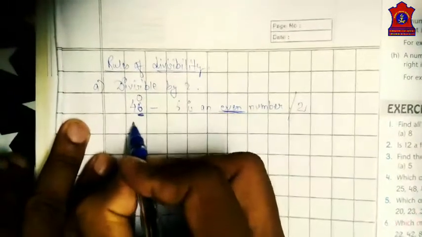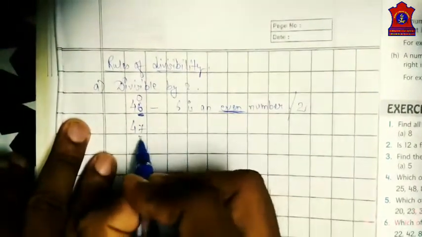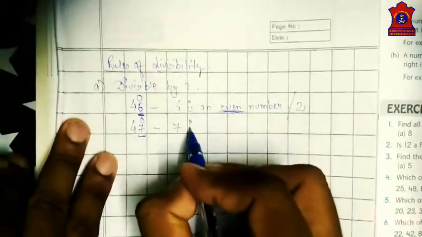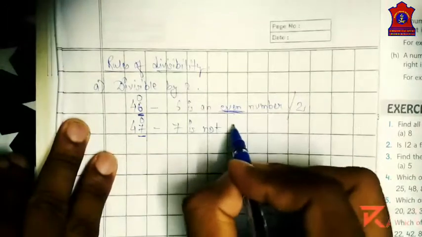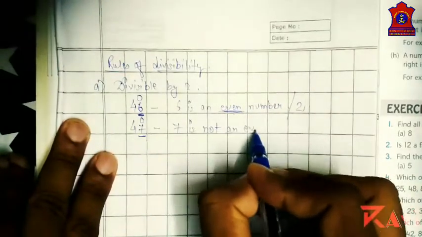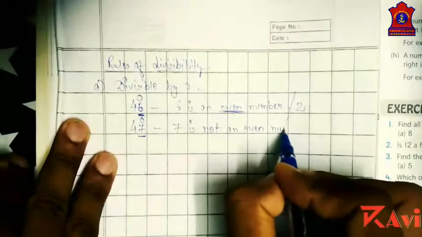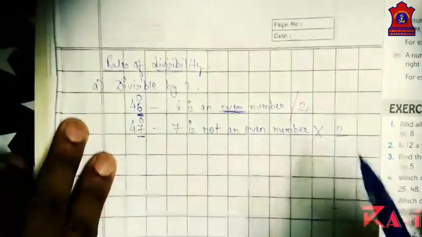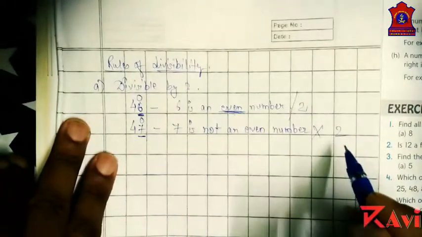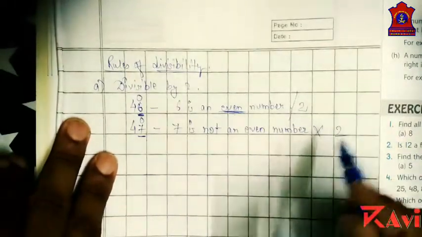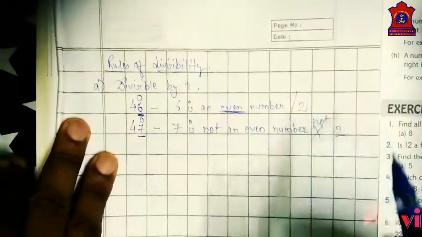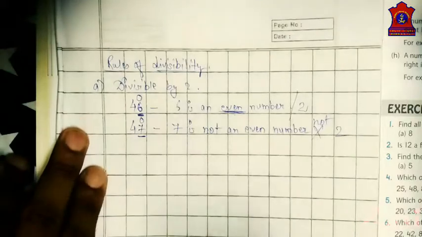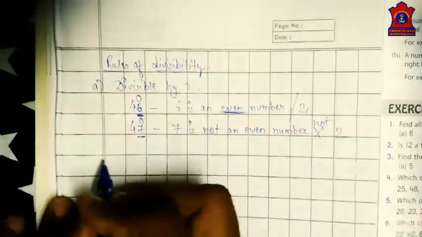Similarly, 47. The digit at ones place is not an even number. Therefore, it is not divisible by 2. Clear? You can say that it is not divisible by 2.